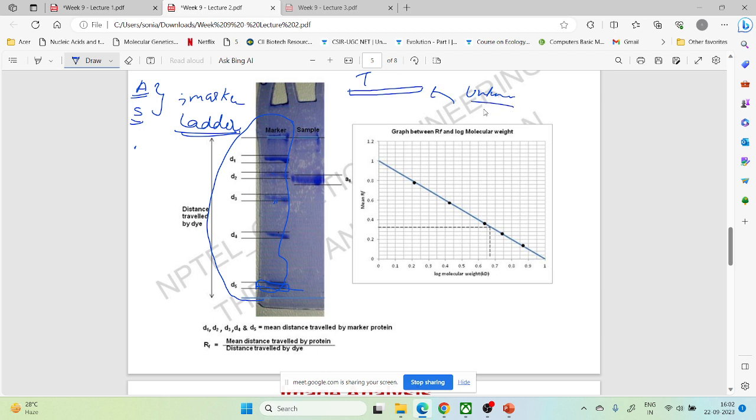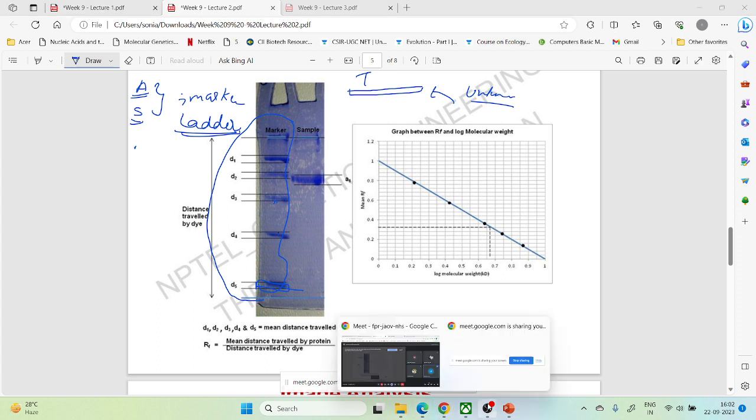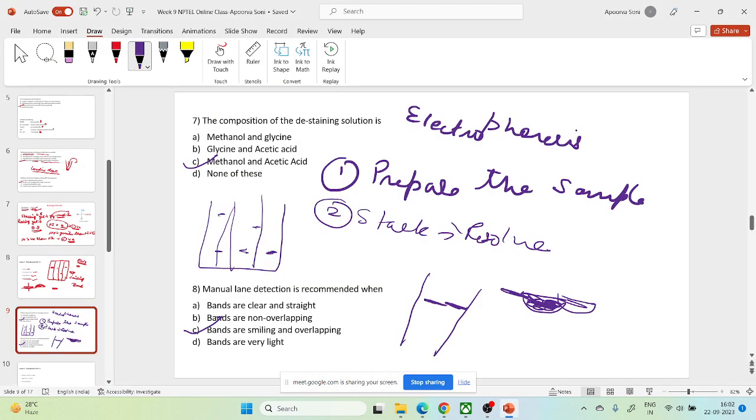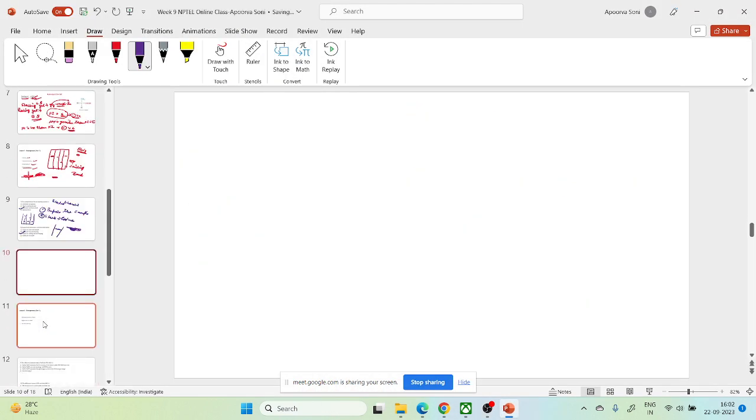And this concept of running a known sample is used everywhere in biotechnology. It is used in agarose also. In agarose also you have a ladder. You have different ladders. When you run an agarose electrophoresis, you have ladders like a 1 kb ladder, 50 base pair ladders, 100 base pair ladders. What is the meaning of this?